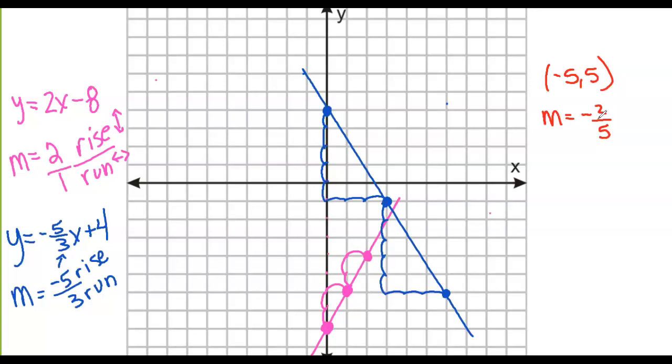So let's plot the point negative 5, 5. So everybody plot that point. You plot that point, it should be in quadrant 2.